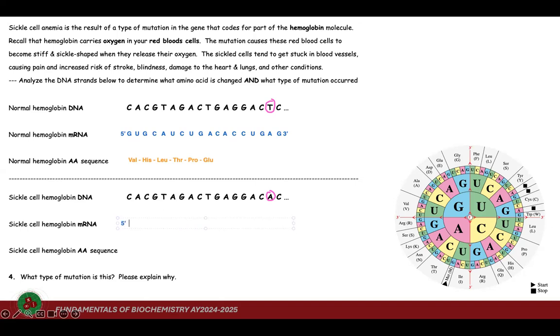So from 5 prime, it should be the same at first. So that's G, U, G, then C, A, U, and then C, U, G, A, C, U, C, C, U, G, U, G. And I just realized there is a mistake here.